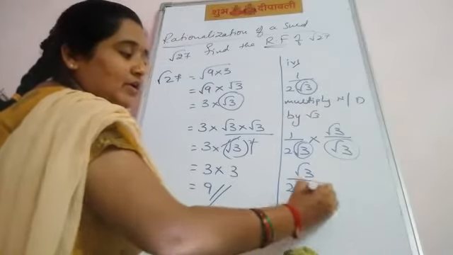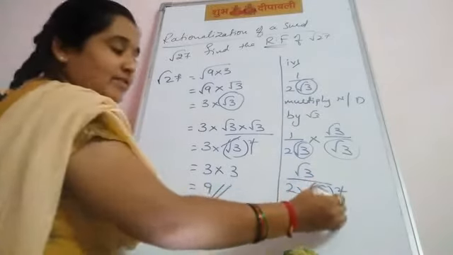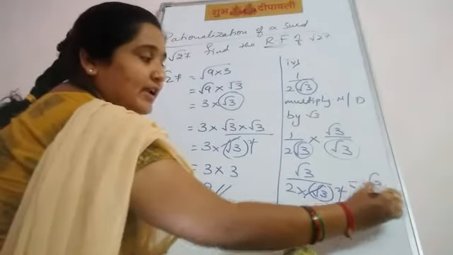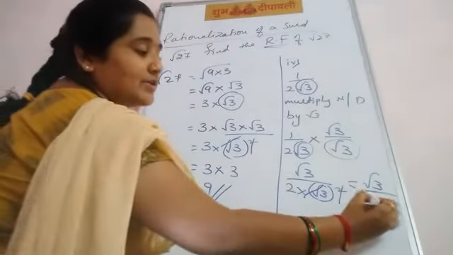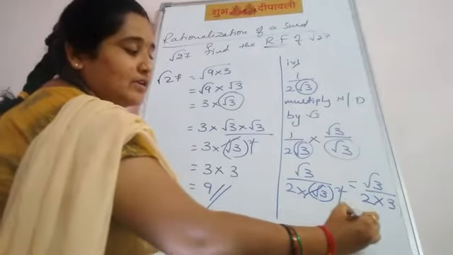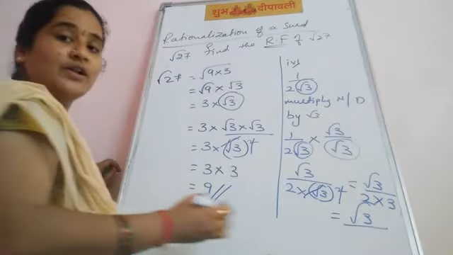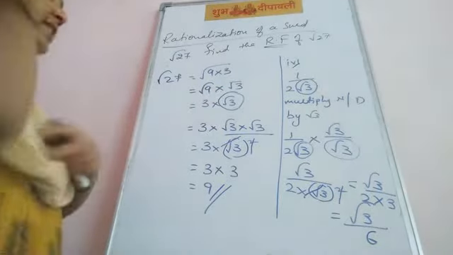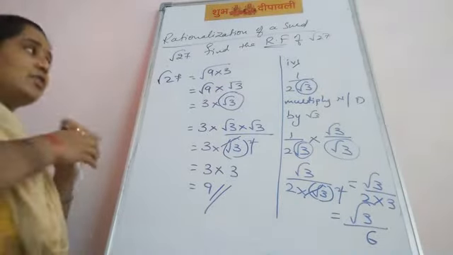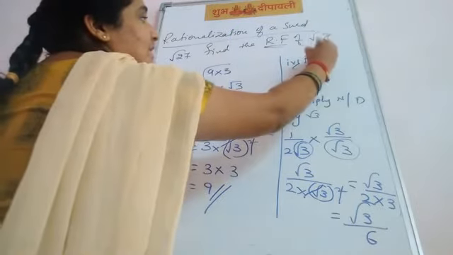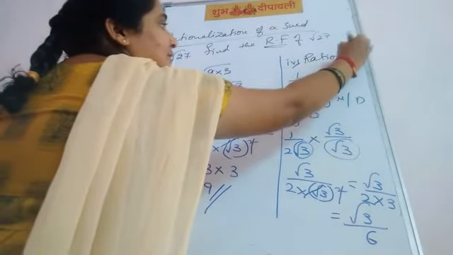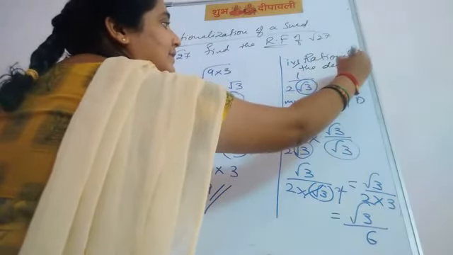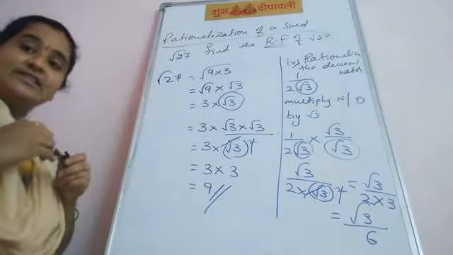Root 3 whole square. Square and root get cancelled. Root 3 upon 2 into 3 equals root 3 upon 6. Here the question will be: rationalize the denominator.